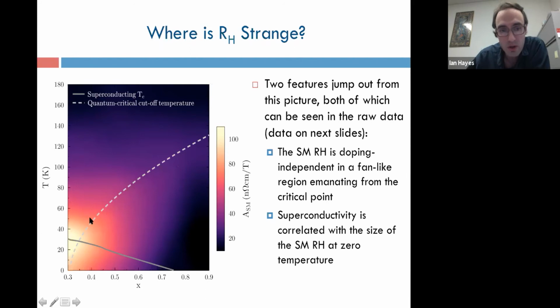The second thing I want to draw your attention to is what happens at low temperatures. So when you cross that fan-like region, the strange metal field dependence weakens, and it continues to weaken, but it doesn't weaken all the way to zero at zero temperature. There's an extended range over which you still see a decreasing RH with increasing field, and it's strongest near optimal doping, and it decreases for higher phosphorus content, and then vanishes at the same point that superconductivity vanishes.